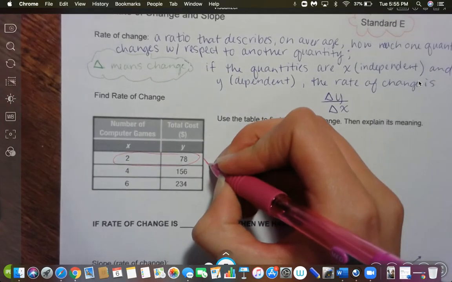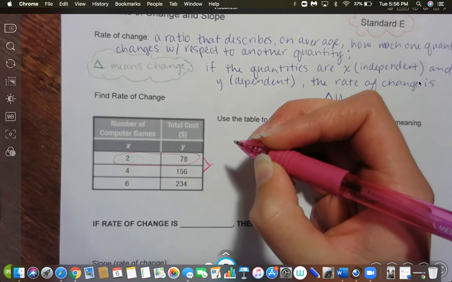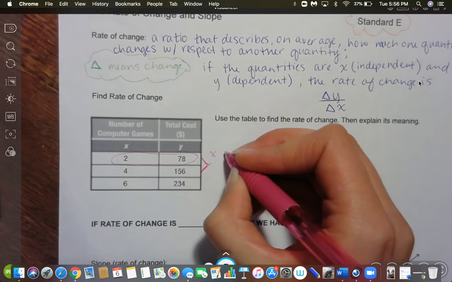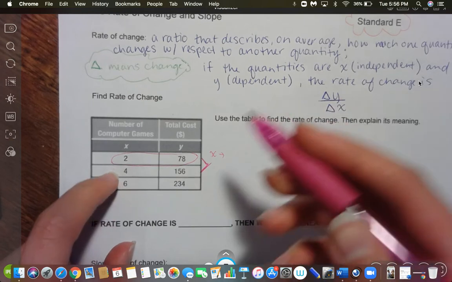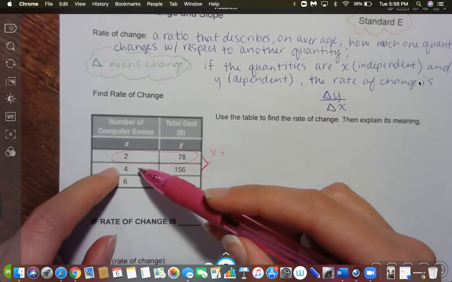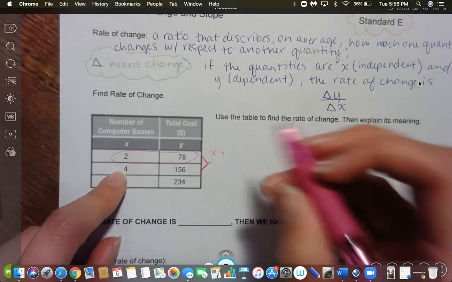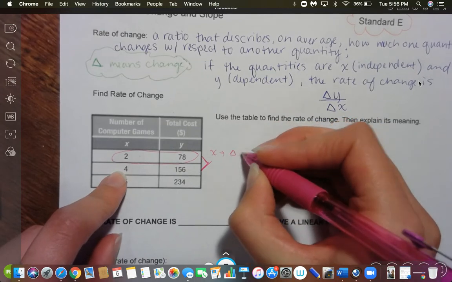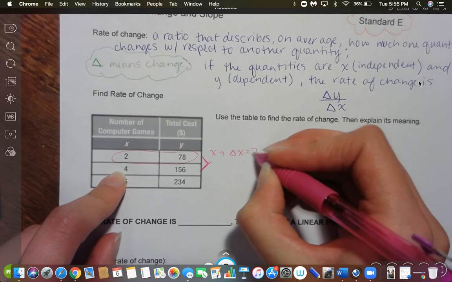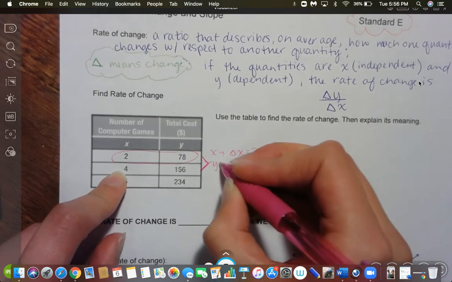If we look at these two rows, and we just look at the change in x, to get from 2 to 4, we add 2. So the change in x is 2. Now let's look at y.